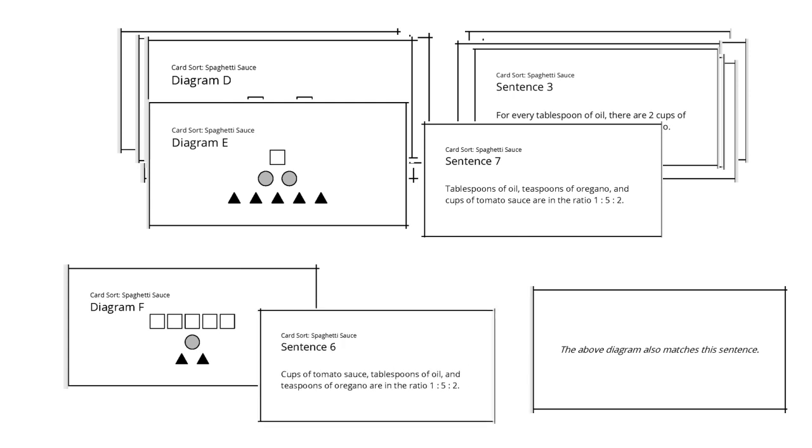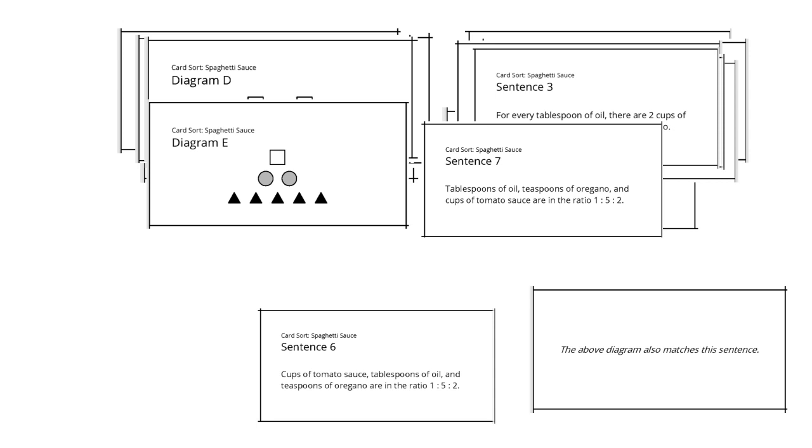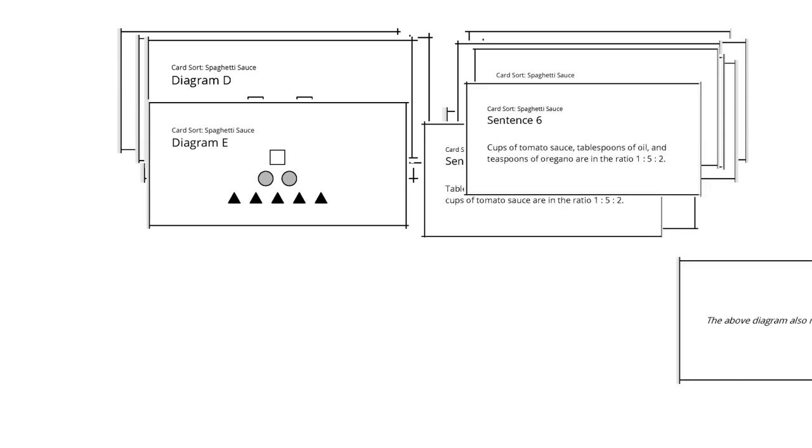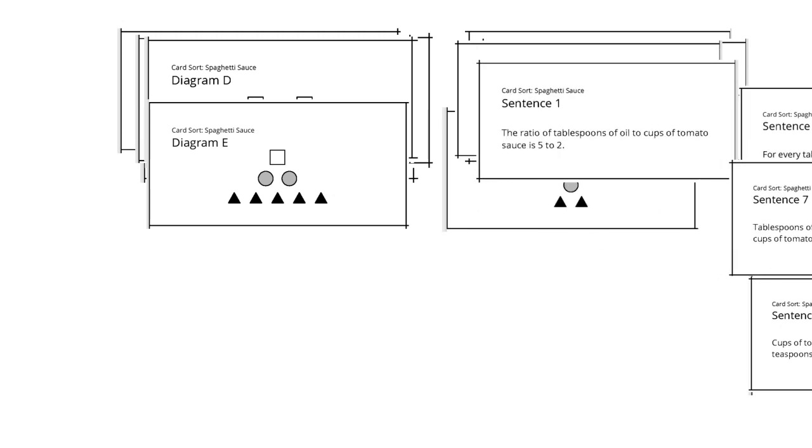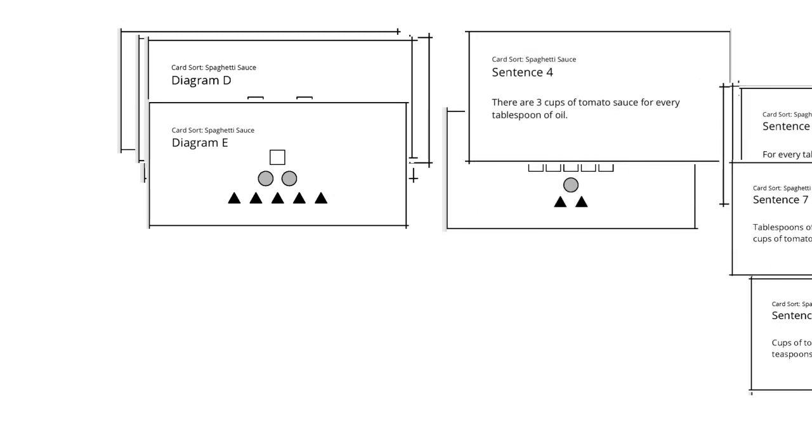So I'm thinking this might be a match, but I don't know until I just continue matching. The idea is to match your diagrams with your sentences, paying attention to the ingredients in the story, right?